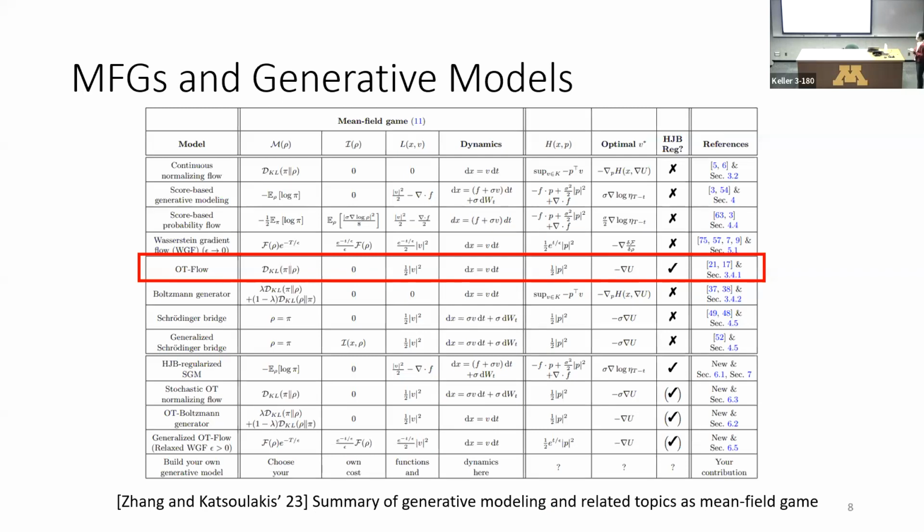In their paper, most of the generative models can be viewed as a kind of mean-field game, but with different dynamic costs, interaction costs, and terminal costs. So based on your application, you can choose your favorite dynamic cost, interaction cost, and terminal cost, and you can also design a new generative model.